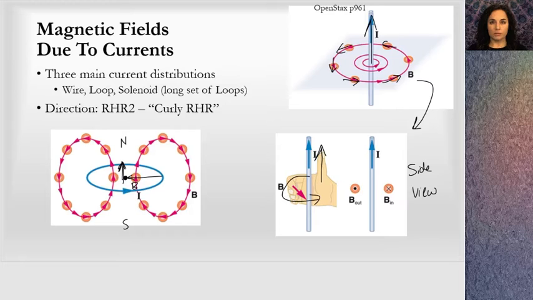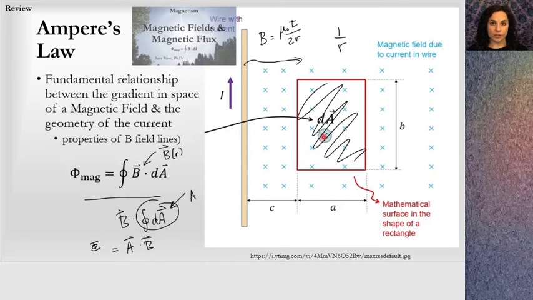Now that I've established how to find the direction of a magnetic field due to a current, we can talk about calculating the magnetic field. I brought up this idea in a prior lesson, magnetic fields and magnetic flux. Here we're actually talking about calculating the magnetic field, including the current.